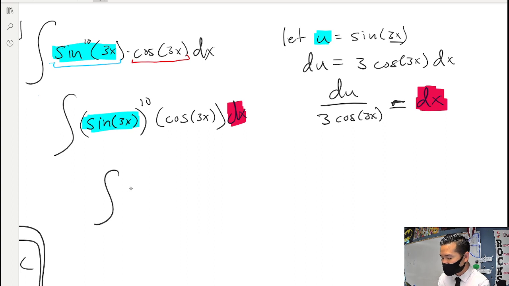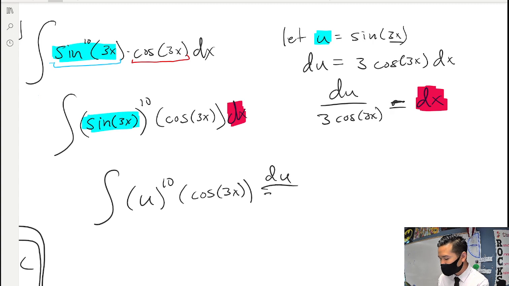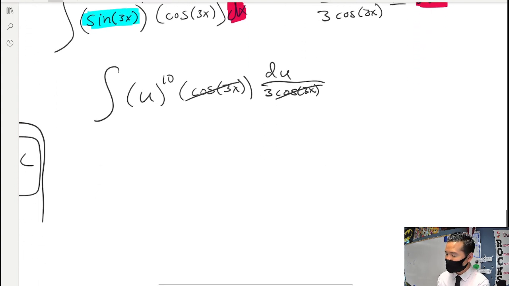Let's go ahead and start substituting here. We got the integral of u to the 10th times cosine of 3x times du over 3 times cosine of 3x. Good. Cancel out the cosine 3x. But the 3's still there, isn't it? Yes. So it's du over 3.